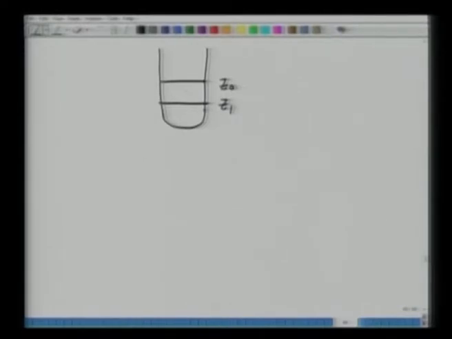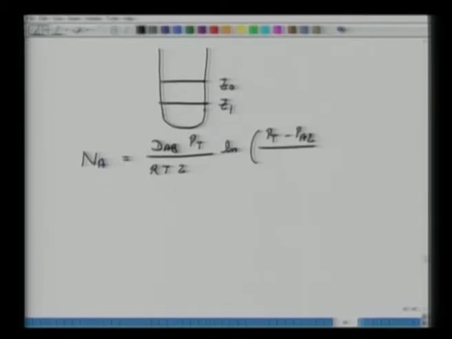And then we said that we already obtained the expression that NA equals DAB PT over RT Z ln of PT minus PA2 over PT minus PA1. When we obtained this relation, we said it's a steady state.